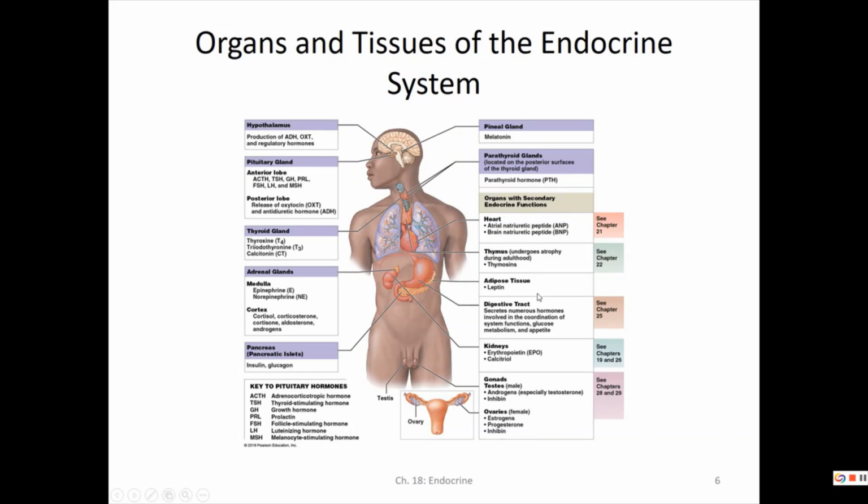As well as we'll talk about the thymus more in 22, lymphatics, immunity, and we'll discuss the kidneys more in urinary and fluid and electrolyte acid-base balance. Also a little bit in blood, like when we talk about erythropoietin. I will mention that they secrete those things and basically what they do, but I'll discuss their job and how they do it later on in other chapters.